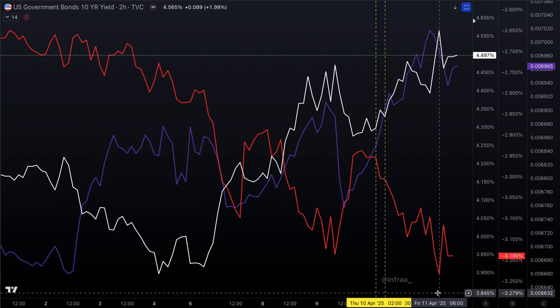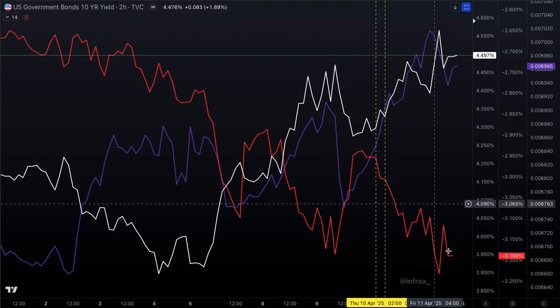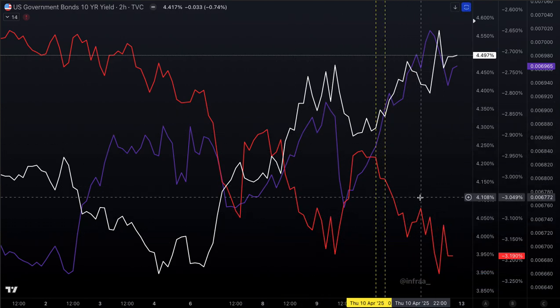Now again, it's super important to remember that this is a very short time period that we're looking at, and there are other drivers like economic data releases, just general trade flows for purposes other than investing.